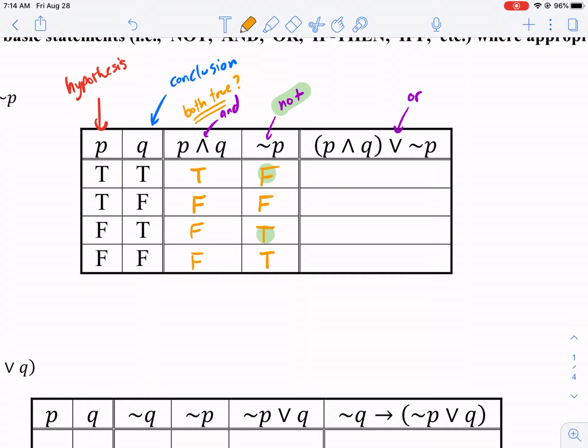That's what negation means. Now, we have a big thing going on here, but if we take it line by line, it makes it not so bad. This is saying, is this statement or this statement true? So just one of those statements needs to be true. Let me show you what that means. Let me use a different color.